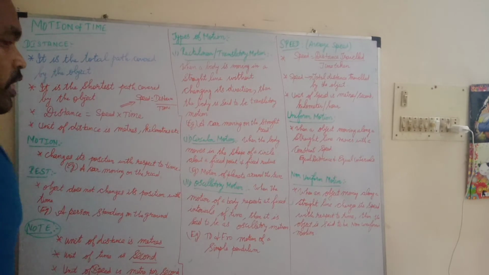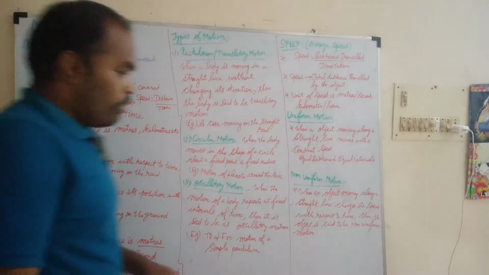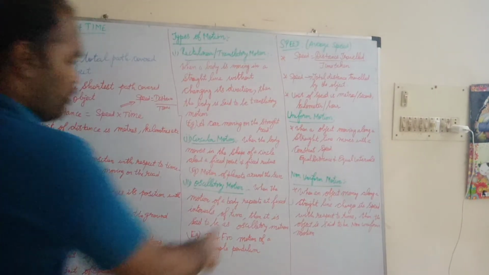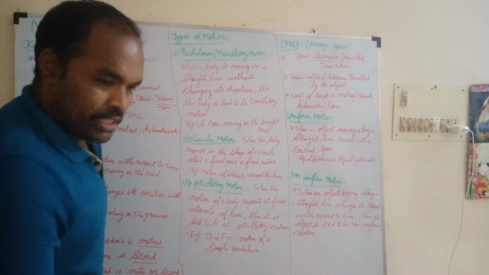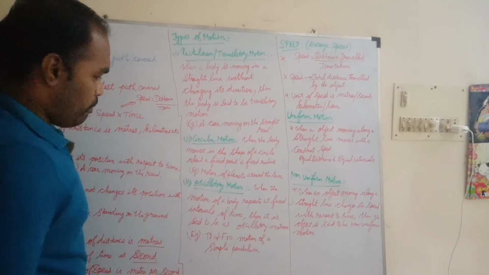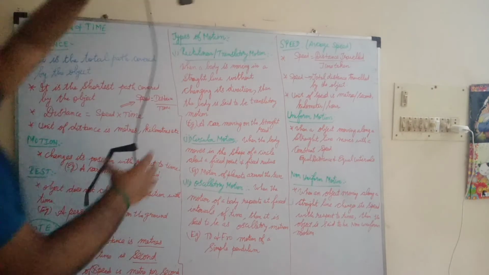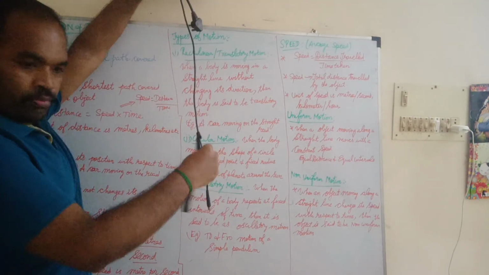Then oscillatory motion. Oscillatory motion means, for example, when the motion of a body repeats at fixed intervals of time, it is said to be oscillatory motion. For example, here, this is the thing.